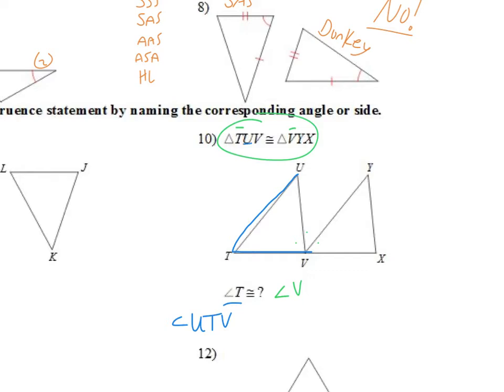If you look at the order, it's U, then T, then V. We need to match up with angle YVX. Okay, I'm just looking at the order it's written in. UTV, so the middle, then the left, then the right. So it would be the middle, then the left, then the right. So YVX for that one.